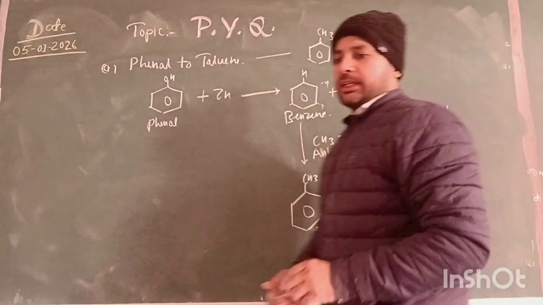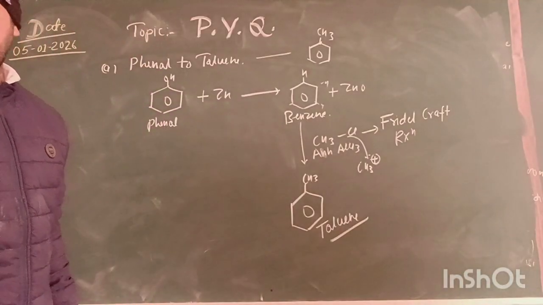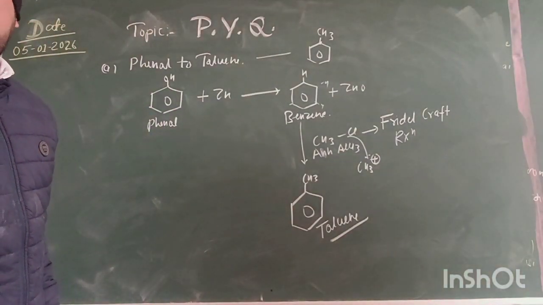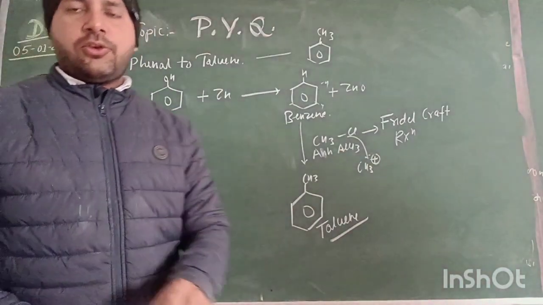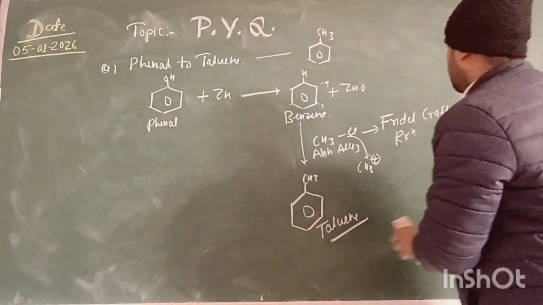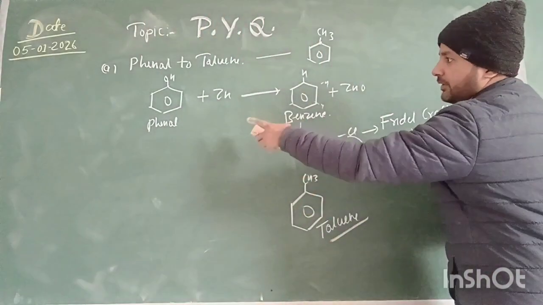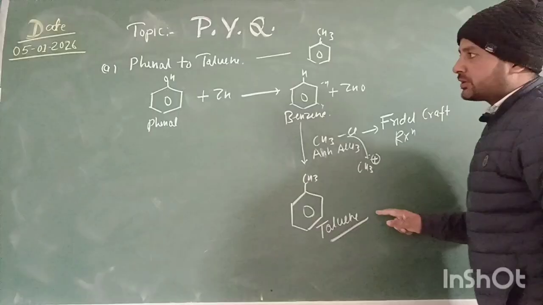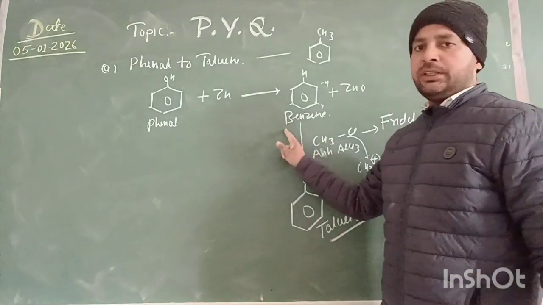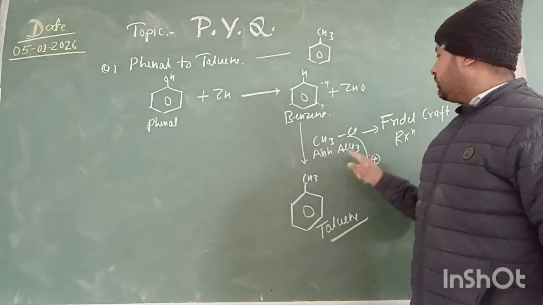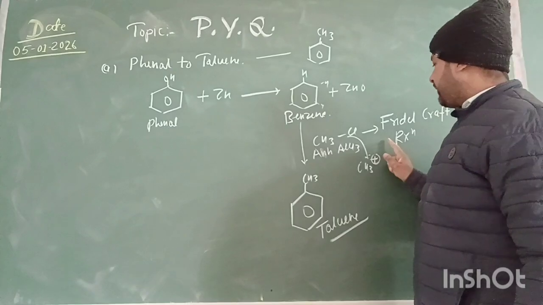Our next question is, how can we convert formaldehyde to ethanol? But first, this is the conversion of phenol to toluene. First we have to convert phenol into benzene. Then there will be a Friedel-Crafts reaction.